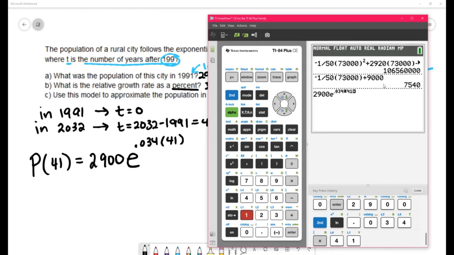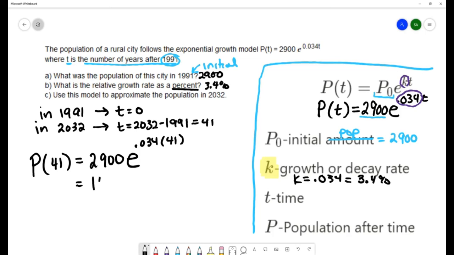You notice that's all in the exponent. Your calculator might be different. You might need to put parentheses around that multiplication. And so we have 11,689. Let's go ahead and round that up because we have 0.7 and say that we have 11,690. So we're estimating that the population in 2032 would be 11,690.